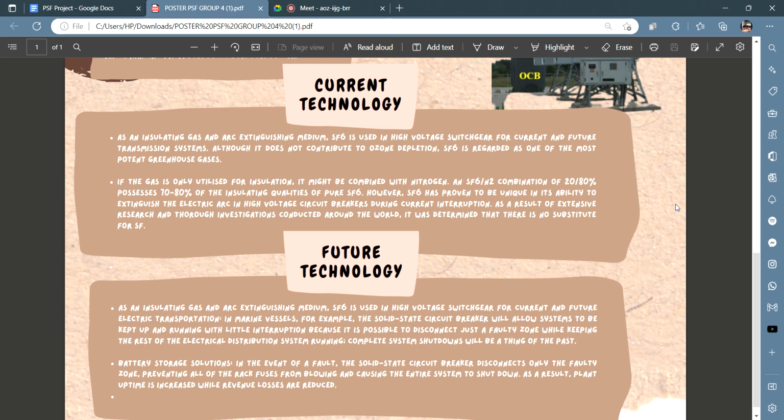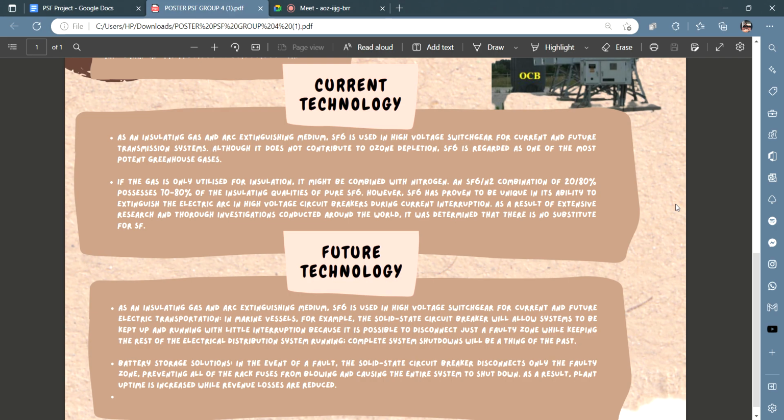However, SF6 is proven to be unique in its ability to extinguish the electric arc in the high voltage circuit breaker during current interruption. As a result of extensive research and investigation conducted around the world, it was determined that there is no substitute for SF6.